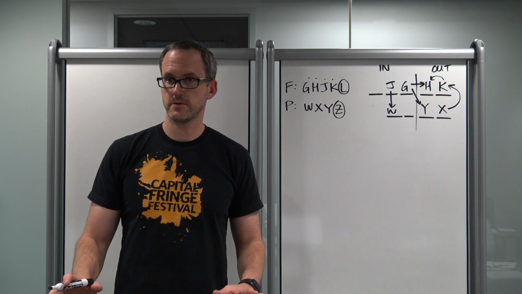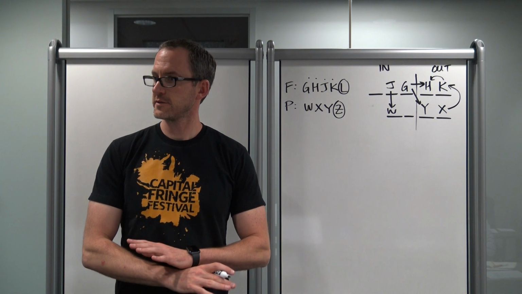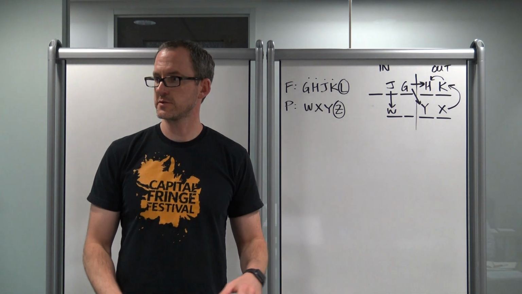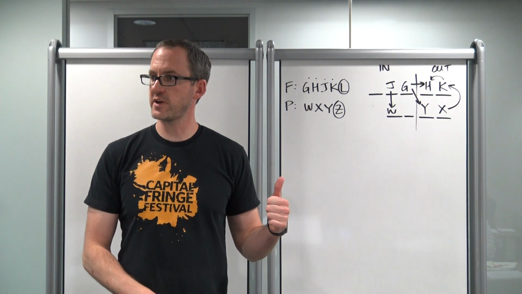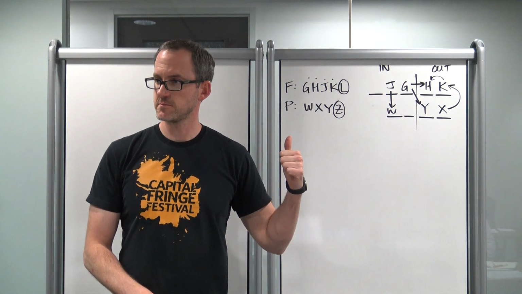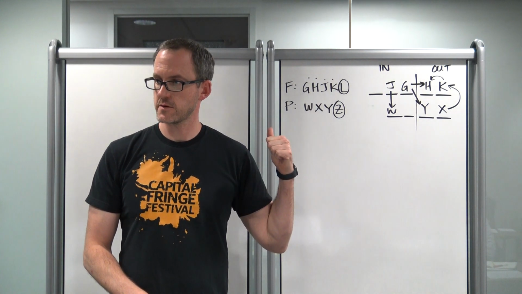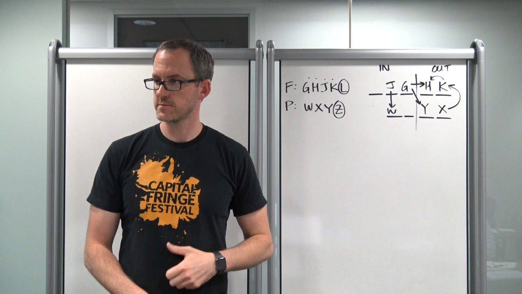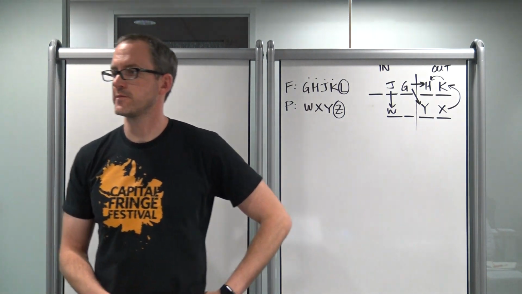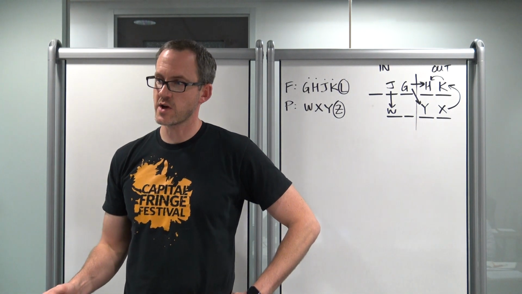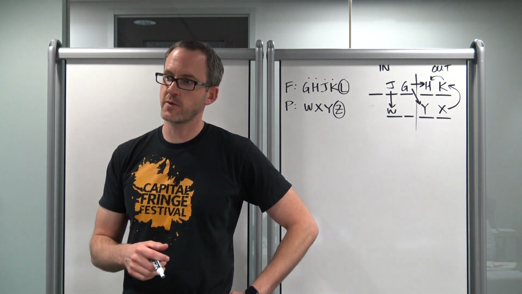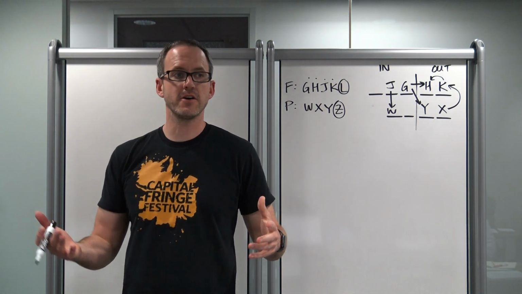We don't know. Nothing. Because this rule says if J is in, W's in. But the contrapositive is not W, not J. In other words, if W's out, then J's got to be out. But it doesn't say anything about what happens when J is out. Like if J is out, the rule dies.